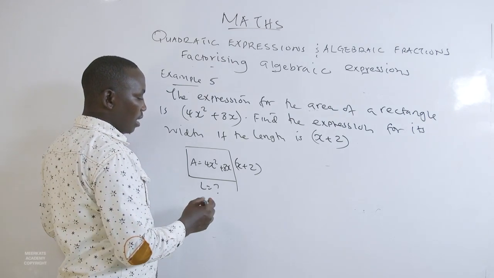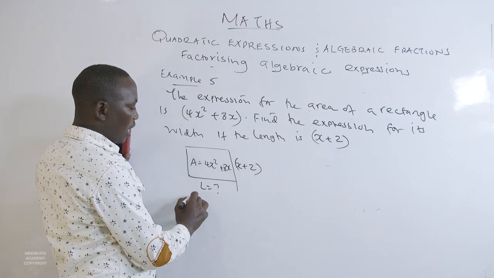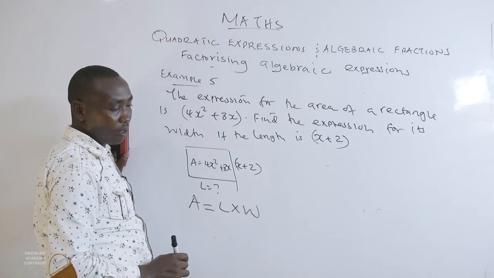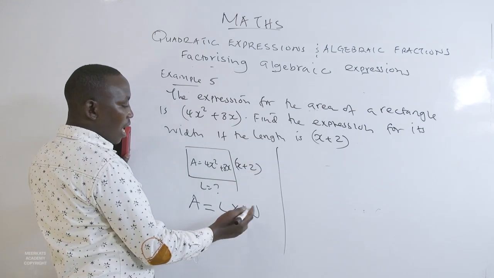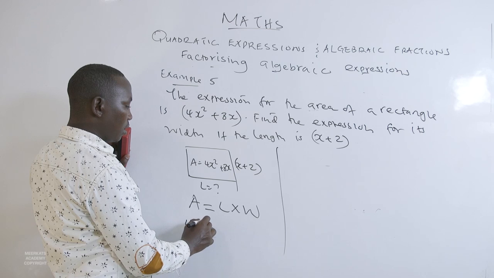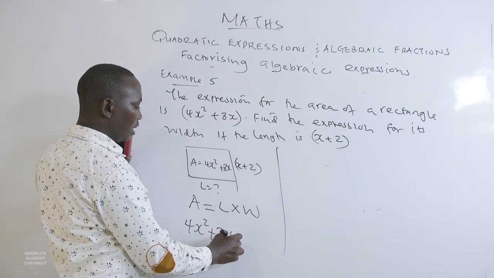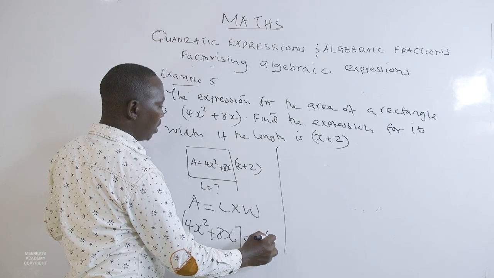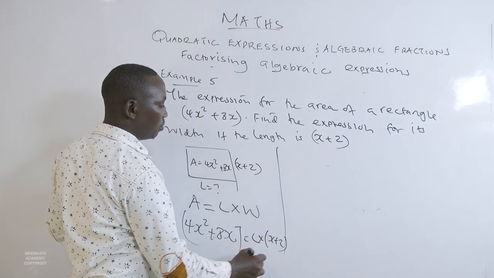Now the area of a rectangle is normally given by length times width. Our length we are not aware of, but we know that the area, 4x squared plus 8x, is equal to length times the width, which is x plus 2.